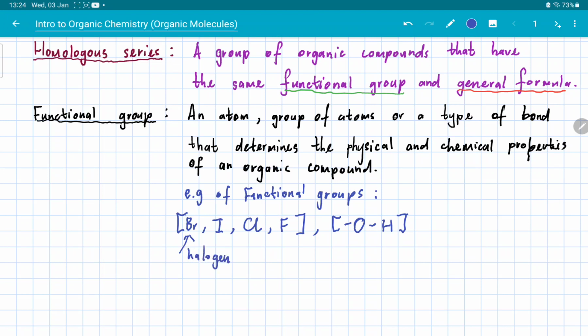Or a group of atoms, it might be talking about a hydroxyl group, but not limited to that. I don't want to complicate things, so just stop there. So it is an atom, and also a type of bond.